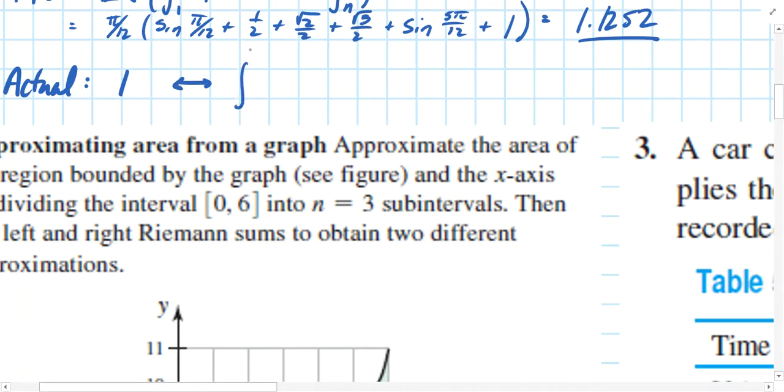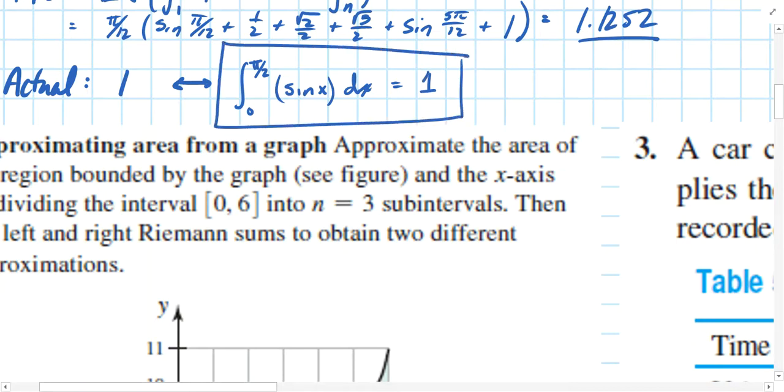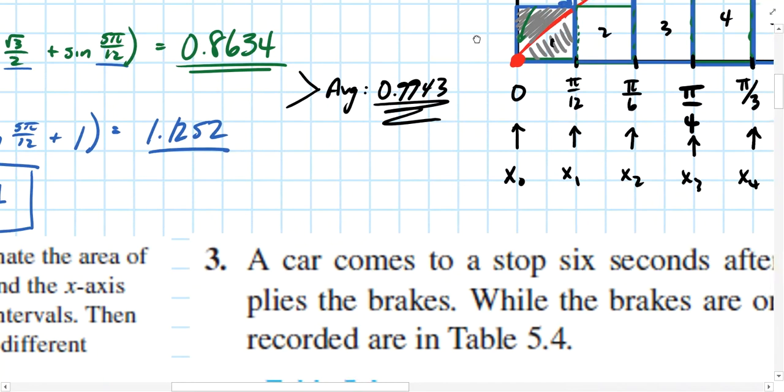Now we haven't practiced these just yet, but as a preview, from an x value from 0 up to pi over 2 of the function sine of x with respect to x, if I were to use a calculator, or if I would use my calculus skills that I learned a little bit later this week, the evaluated result for this definite integral is precisely 1, and the area under that curve, with no estimating at all, is exactly 1. And as it turns out, the underestimate and the overestimate ended up averaging pretty nicely.